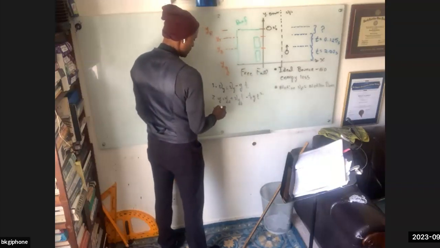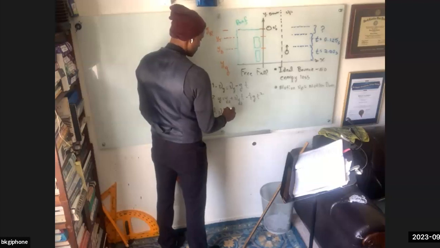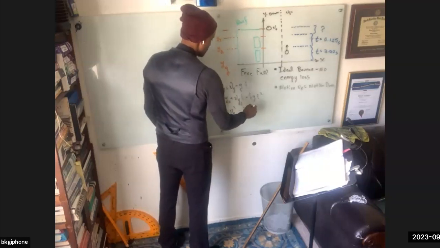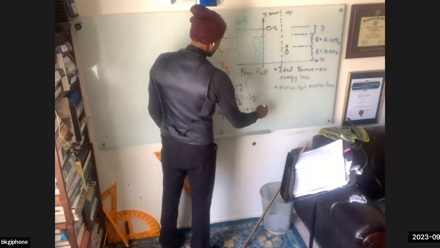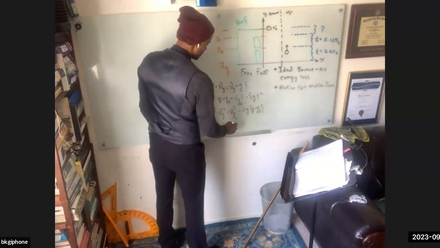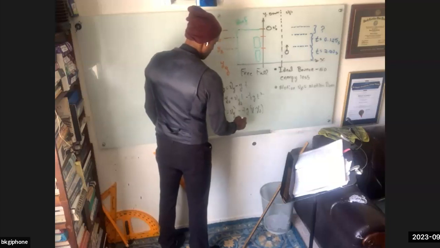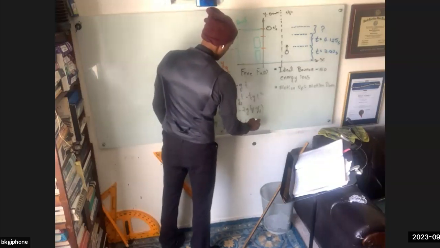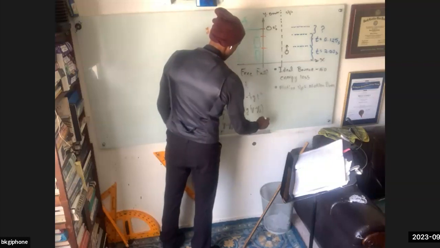Then of course v y squared equals v y naught squared minus 2g times y minus y naught. And then finally y minus y naught equals 1/2 v y naught plus v y times t.